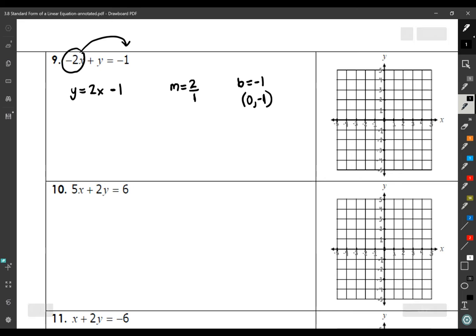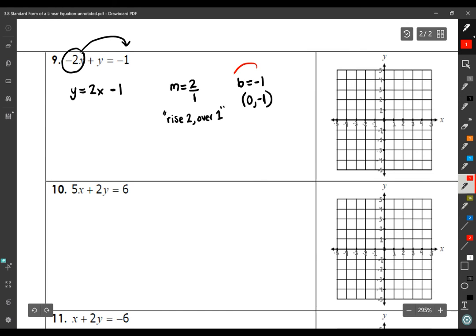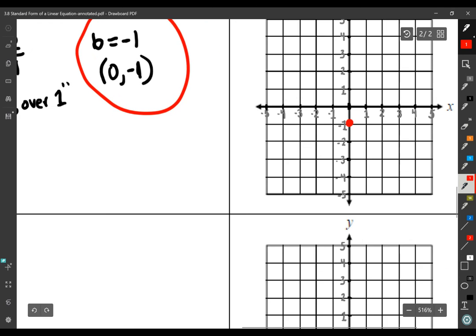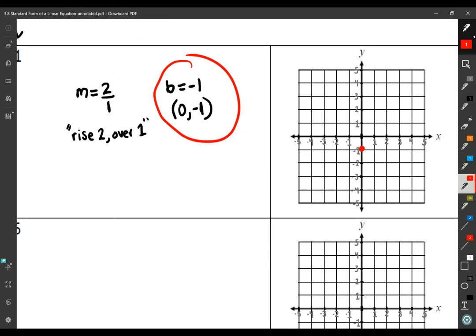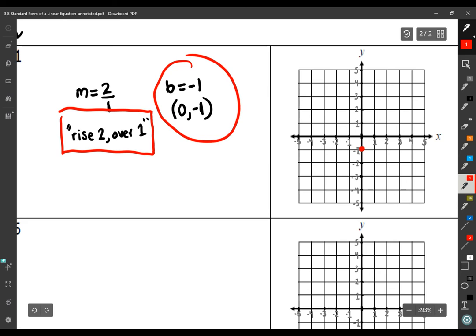Okay? And remember, our slope is rise over run. So rise 2 over 1. Okay, so let's use that information to graph. So again, we start with our y-intercept. There we go. Put your point down on your y-intercept. Then use the slope to get the rest of your points.